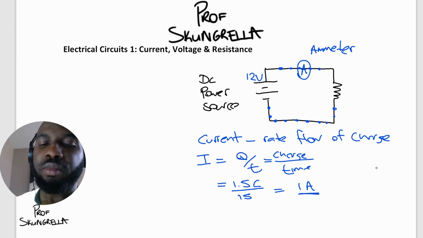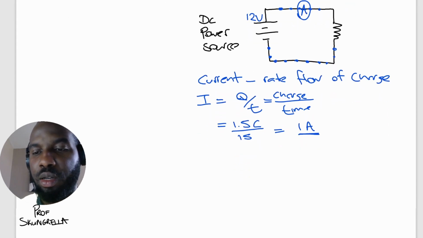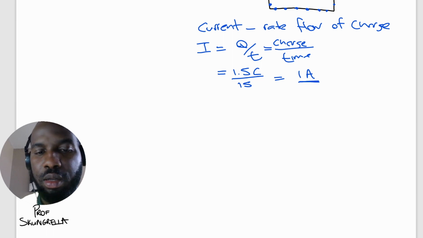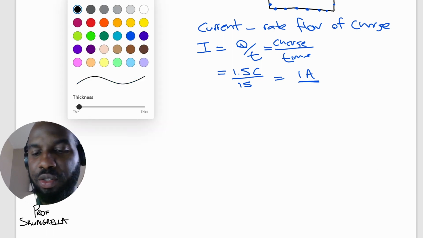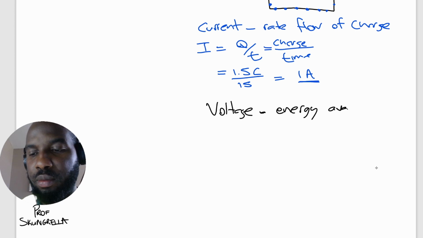Okay. The next thing we want to discuss is voltage. What is voltage? How do we define voltage? Voltage can be defined as the energy available, or the energy moved.